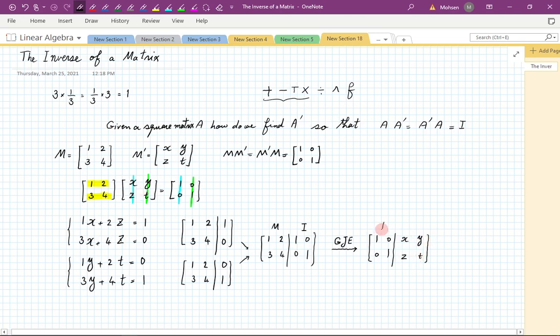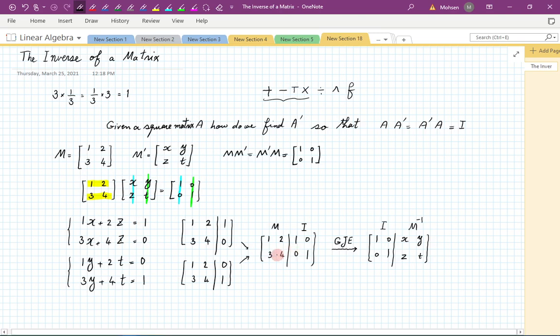So by the time this becomes identity, what is going to show up here is going to be the inverse that we are going to utilize. So that's our procedure for doing the inverse of a matrix.